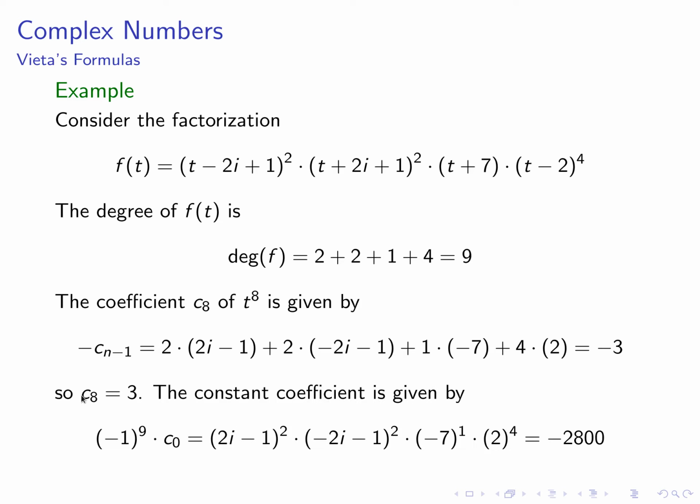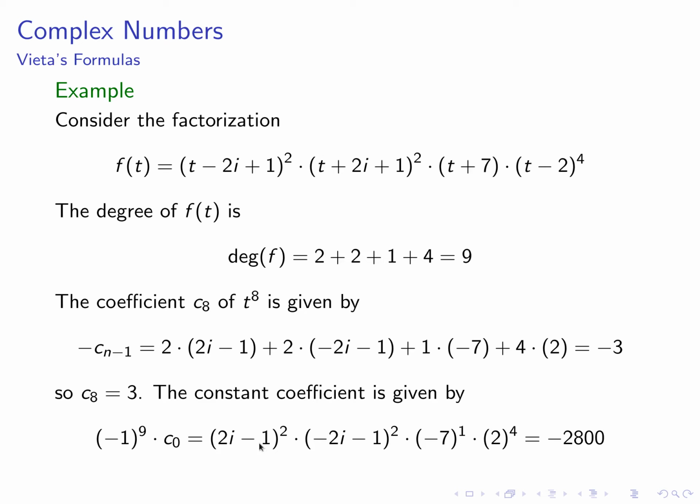The second Vieta formula tells us how the constant coefficient relates to the roots. The constant coefficient is related by the formula -1 to the degree, which in this case is 9, multiplied by the constant coefficient, is the product of all of the roots, where each root is raised to its multiplicity.